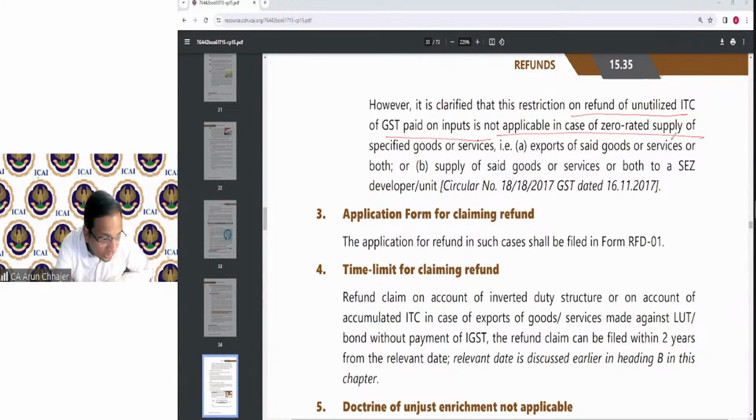It means if you are making the supply of palm oil or rail locomotive products to outside India, it becomes an export. In that case, you are well entitled to take the refund of ITC. There is no problem. The only problem is that because of inversion, they are saying we will not give the refund.